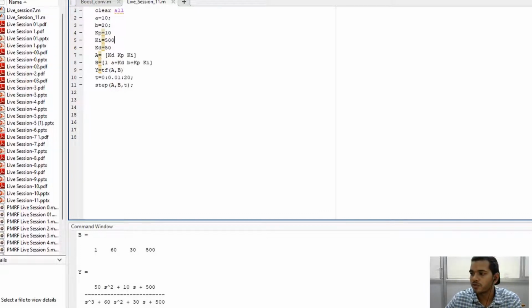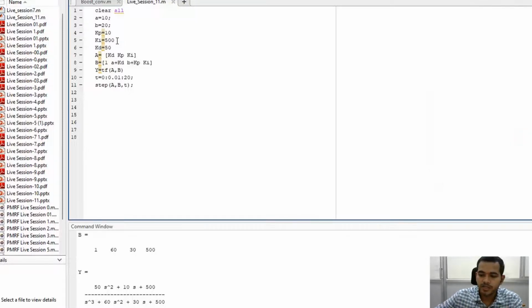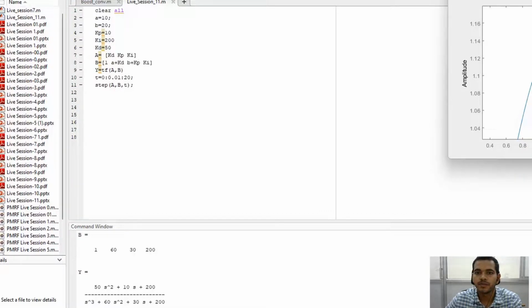And observe peak overshoot increases here. Error will decrease, but peak overshoot and oscillatory behavior will increase. Settling time will increase and peak overshoot will increase here. As KI increases, this one 1.14 would decrease like 200, so I think something decreases.